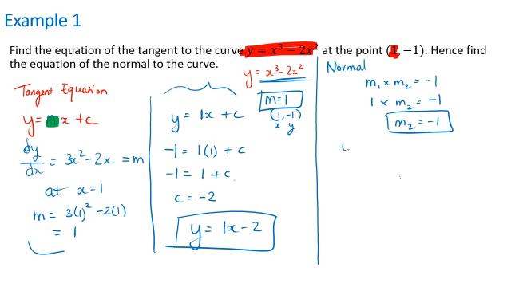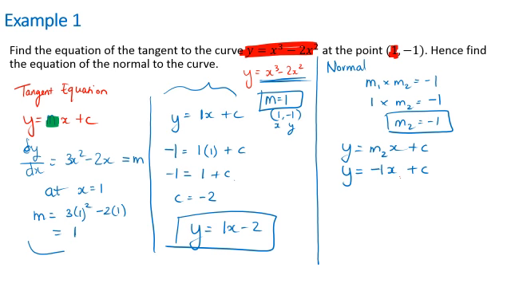So remember, this is my normal line, y equals m2x plus c. I just found out it's negative 1, so this tells me it's y equals negative 1x plus c. Same thing again. Well, how do I find out c? I need to sub in a point.